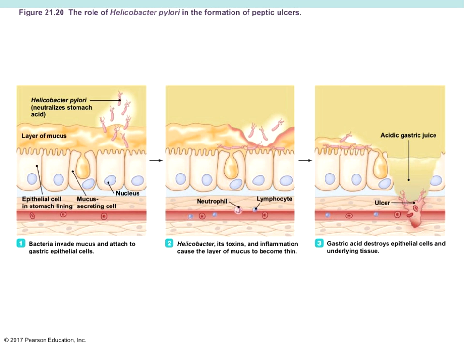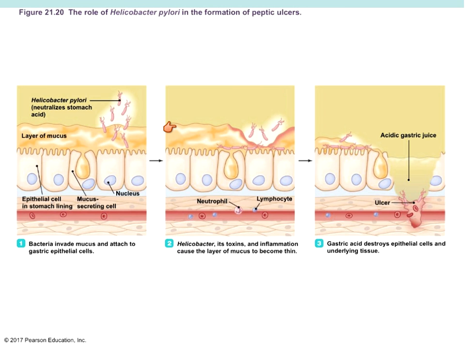So the role of Helicobacter is forming ulcers here. They invade the mucus and attach to the epithelial cells of the stomach, those gastric epithelial cells. Notice it has all of those tufts of flagella hanging out the end of it. Its toxins and inflammation cause the layer of mucus to become very thin.